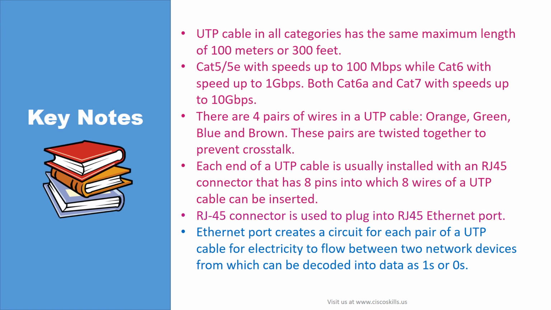RJ45 connector is used to plug into RJ45 Ethernet port. Ethernet ports create a circuit for each pair of a UTP cable for electricity to flow between two network devices, from which it can be decoded into data as 1 or 0.